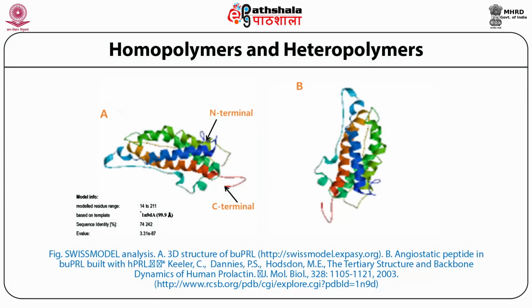Therefore, we should recall that polymers like proteins, nucleic acids, polysaccharides, especially nucleic acids and proteins, have their structure organized in a hierarchy, and this hierarchy from bottom to top essentially represents primary structure, secondary structure, tertiary structure, and quaternary structure.